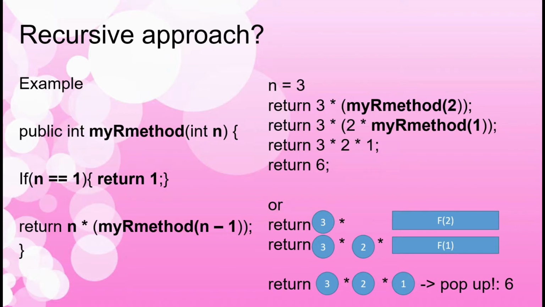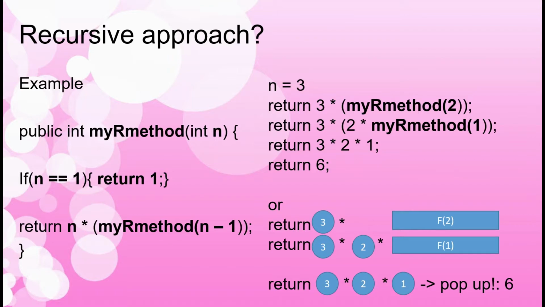You just do the same thing. You say if n equals 1, return 1. Is n equals 1? No. Then you go further and you return n multiplied by the method n minus 1. So you have 3 multiplied by 2 multiplied by my recursive method 1, because n minus 1 means 2 minus 1, and you have 1.